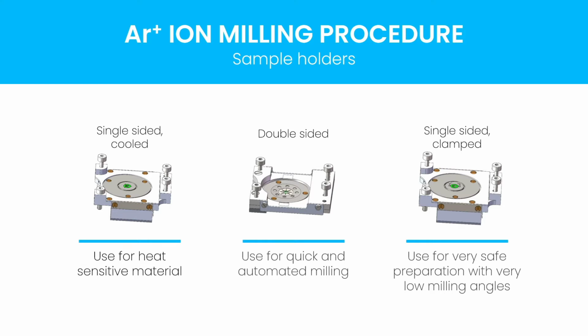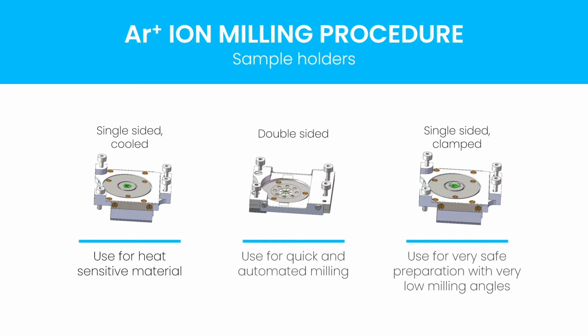Cooling means liquid nitrogen cooling, and this holder is a glue-mounted holder, so you glue your sample onto this holder for good heat conduction. It allows very low excess angles, but the gluing requires also a bit of skill.